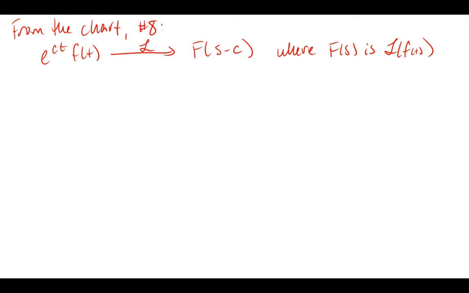Let me just do an example or two of using this, though. You could do the integral definition and see that you get this, but let's see this in action, since this will be a good preview of what we'll do in the next video. So, for example, if I take a nice, easy, simple question like this, what's the transform of e to the 5t times t squared, let's say?